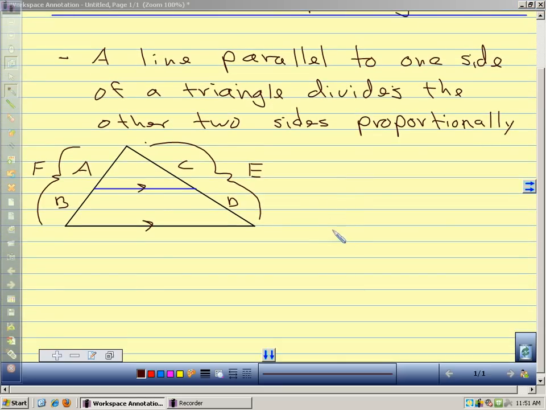For the side-splitting theorem, I can say that A over B equals C over D. This part here divided by this part equals this part divided by this part.